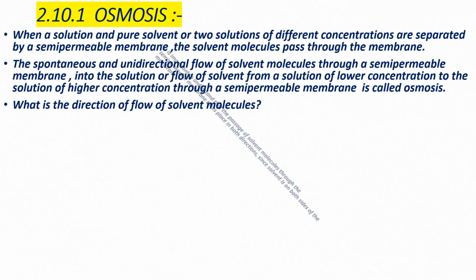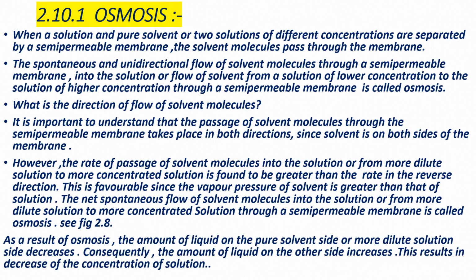Next point, that is 2.10.1, osmosis. When a solution and pure solvent, or two solutions of different concentration, are separated by a semi-permeable membrane, then the solvent molecules pass through the membrane.